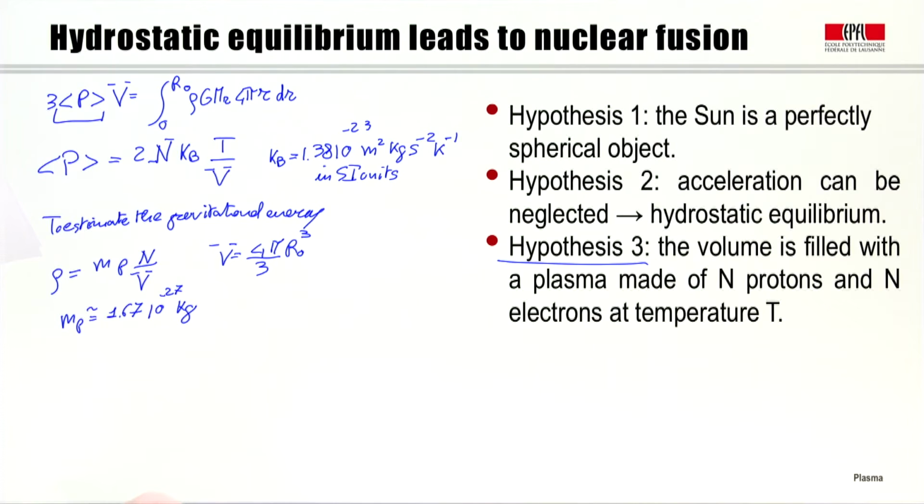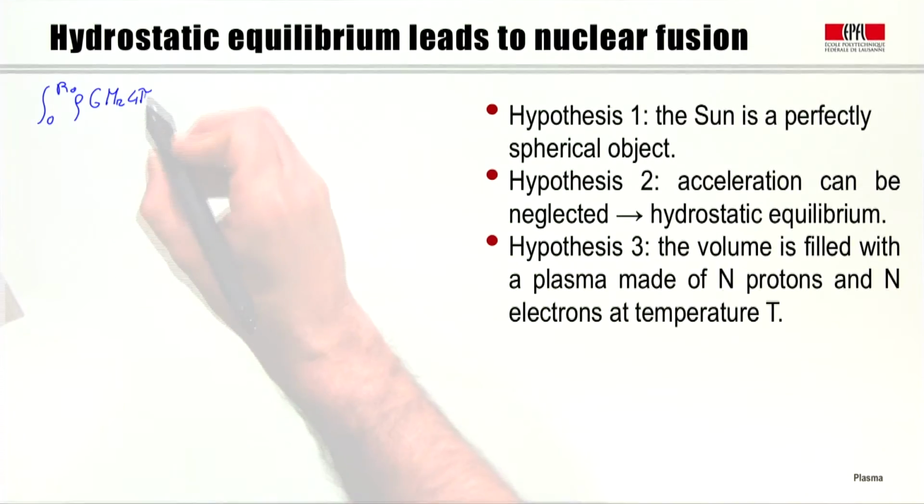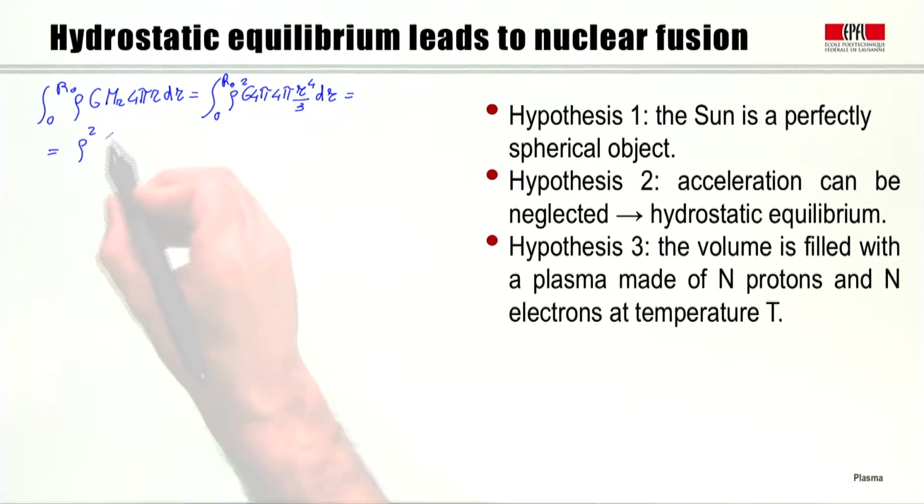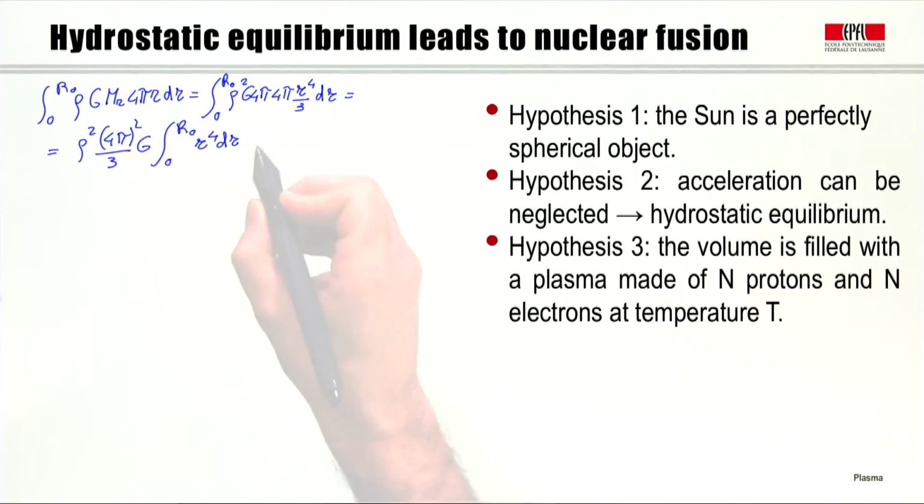And then let's compute the total mass inside the spherical shell at the distance r in the following way. Now let's go back to the original hydrostatic equilibrium equation, and let's plug what we just found into it.